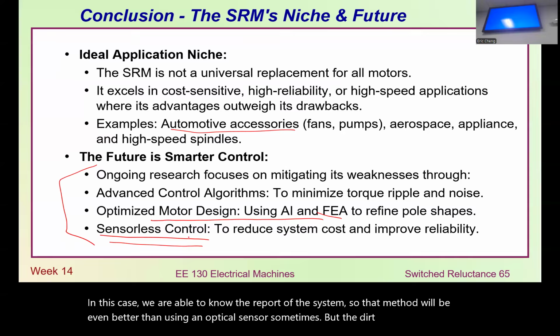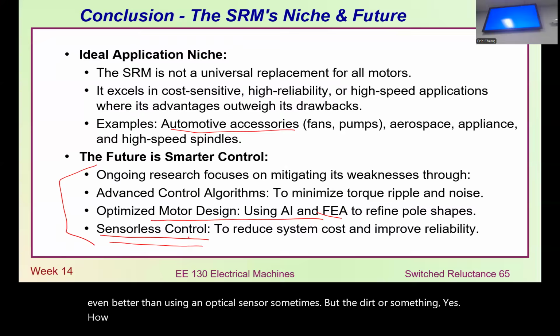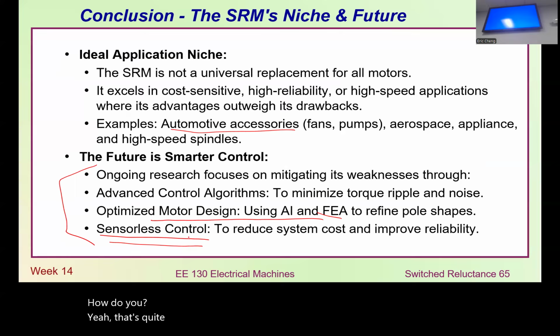Yes. How does the stator know the inductance of the rotor going back and forth? Yeah, that's quite complicated. Usually you energize the stator with external voltage or current. But now they need to spare a little bit of time where we energize them to measure the inductance.